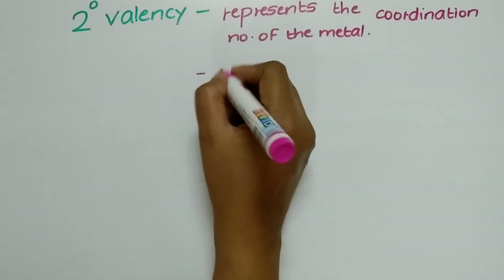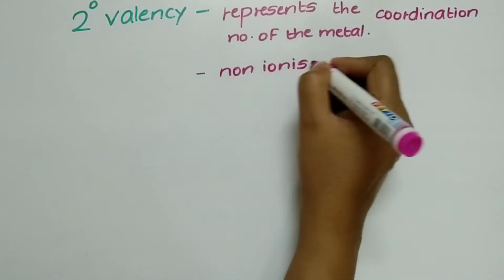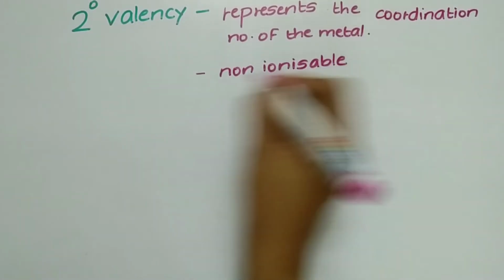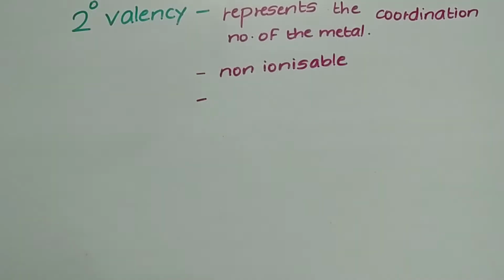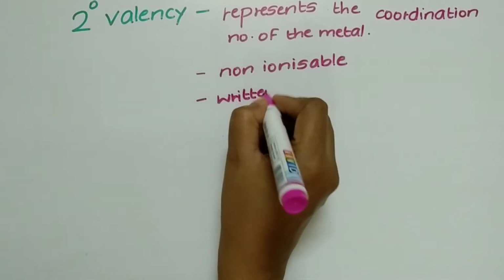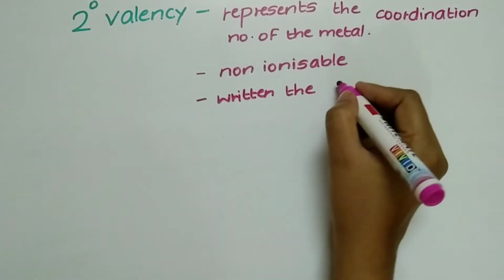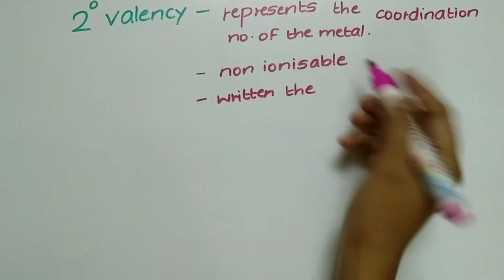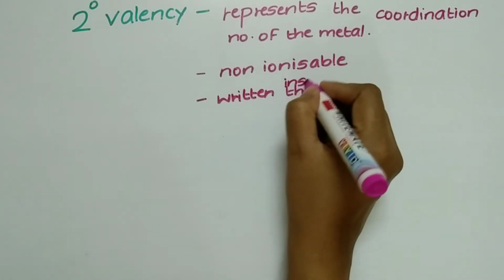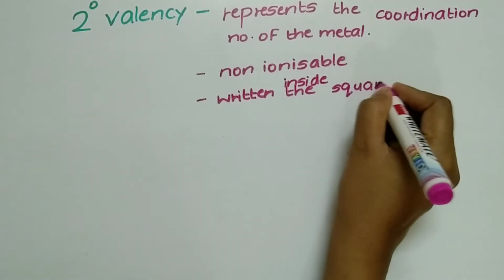Secondary valency is non-ionizable. It cannot be ionized. The third point is that it is written inside the square bracket. Just the points opposite to primary valency we are writing.